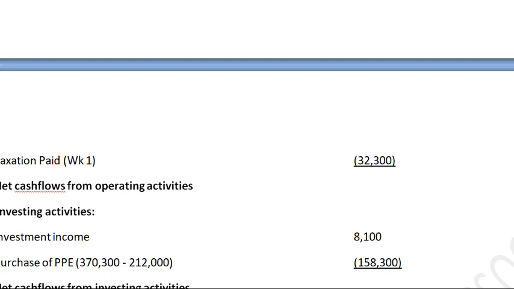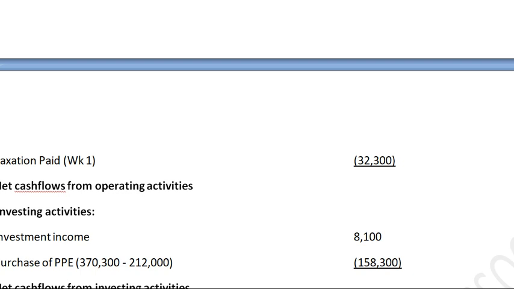We have 143,950, and I told you operating activity plus investing activity plus financing activity will give us an increase or decrease in cash and cash equivalent before opening cash and cash equivalent.